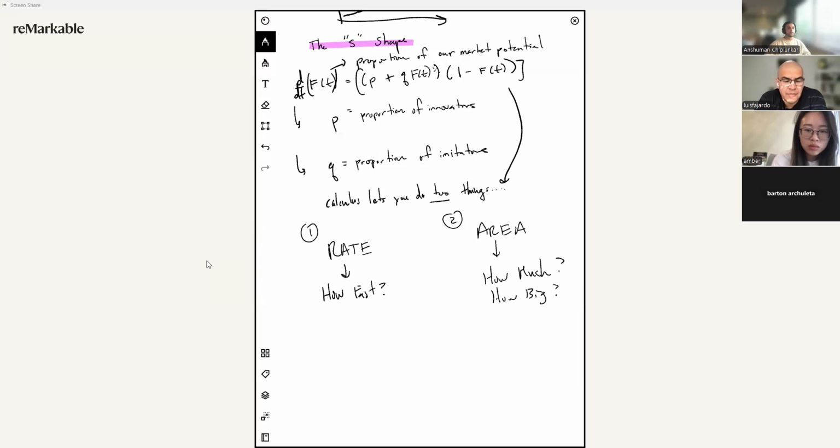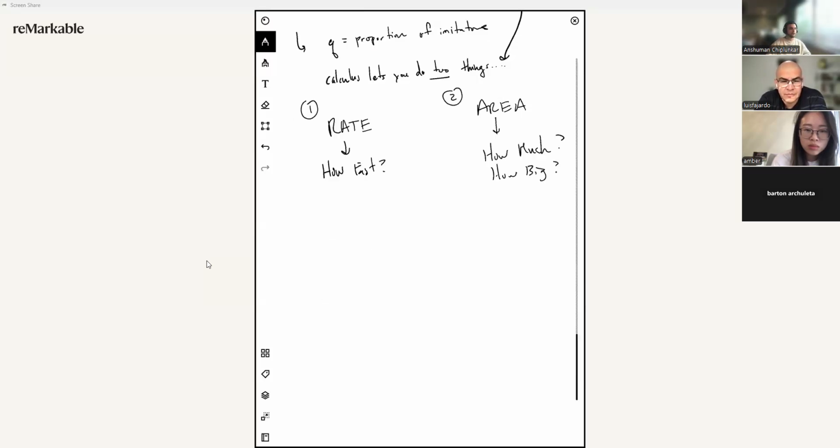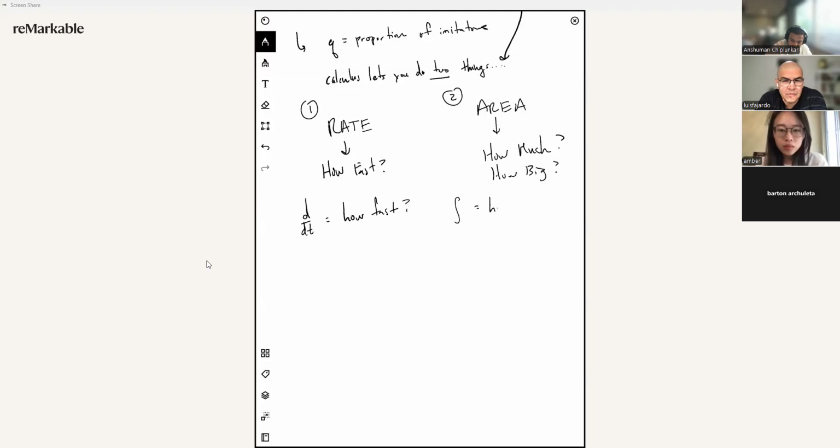Exactly. So it's two really basic things. Now, the important part is that you'll semi-often see a symbol that looks like this. d/dt means take the derivative with respect to time. What it's really saying is how fast. And whenever you see this, it's an integral. What it's really saying is how much.